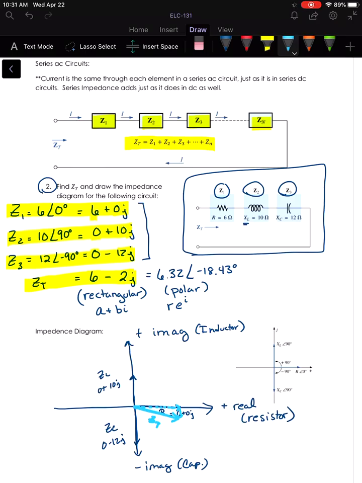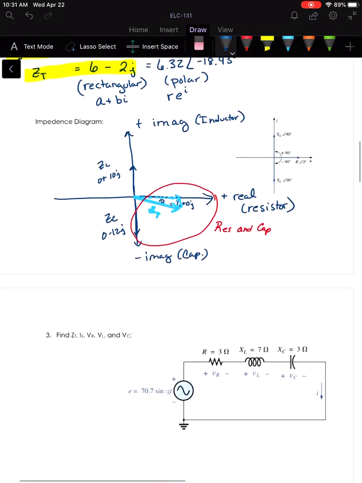It's really just a matter of graphing the impedance that you've calculated in your circuit, so that you see that the total impedance is in this fourth quadrant here, which means it's resistive and capacitive. So it just gives you a little more information about the impedance of your circuit.